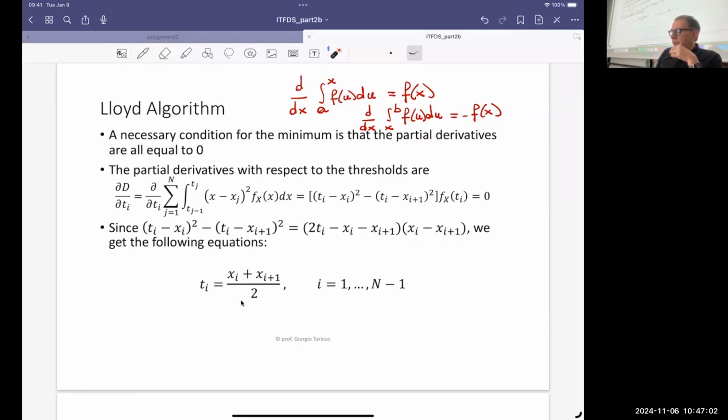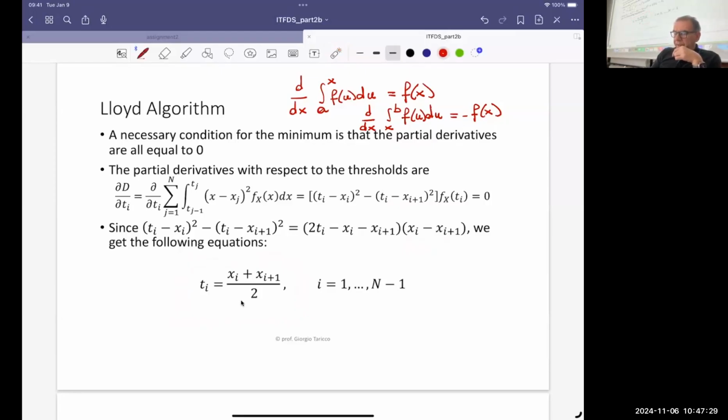Xi minus xi plus 1 cannot be equal to 0 because we assume that the quantization points are different. It would be useless to have two equal quantization points, and therefore we get this equation: ti is equal to xi plus xi plus 1 divided by 2.